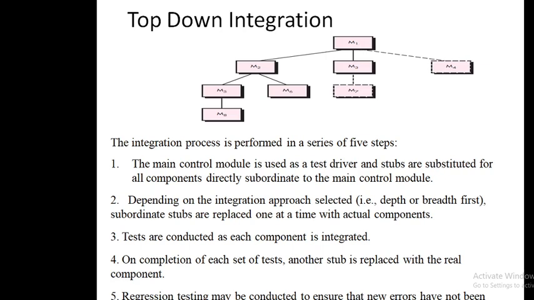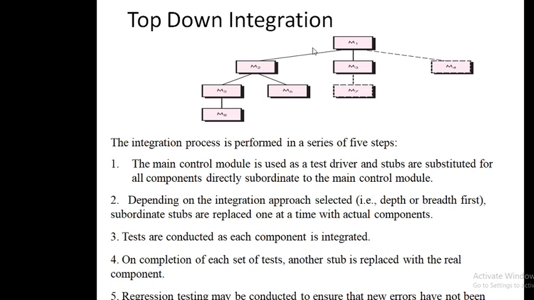Whenever each component is integrated, testing is conducted, and finally, when all the components are integrated, a regression test takes place. Regression testing is conducted to ensure that no new errors have been introduced. That means after completing the total integration, regression testing must be conducted to check whether any new errors are there or not. So these are the steps we follow for top-down integration.